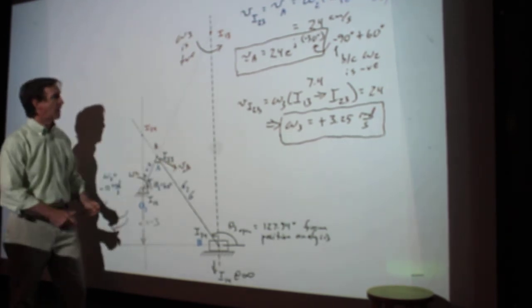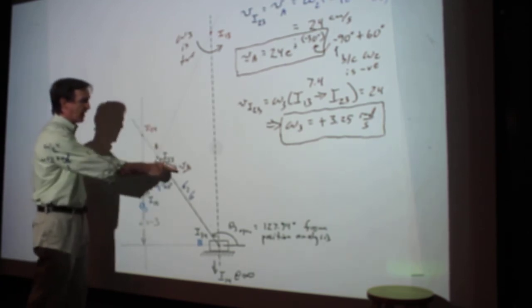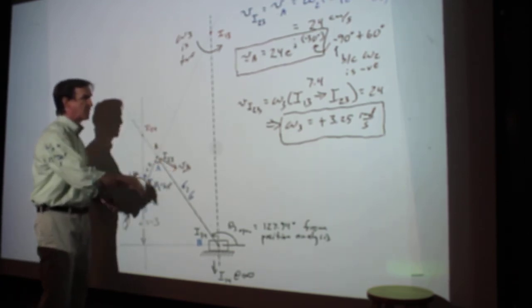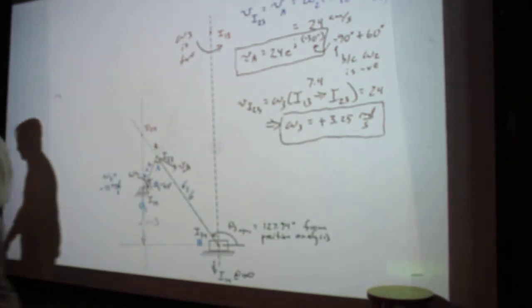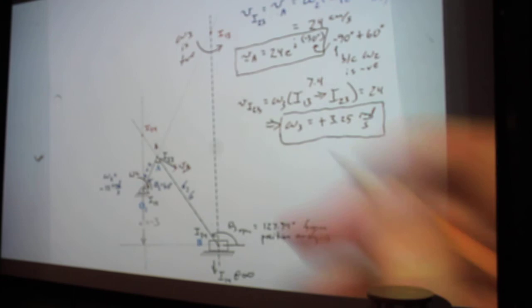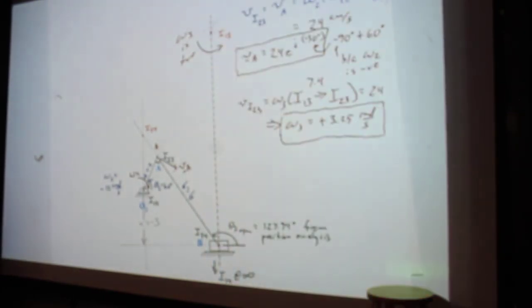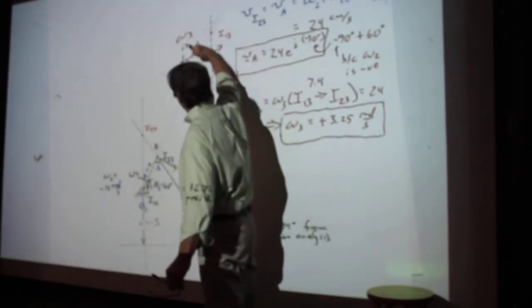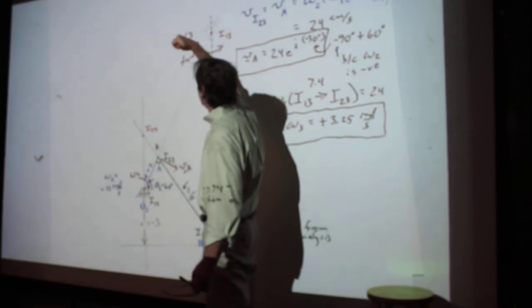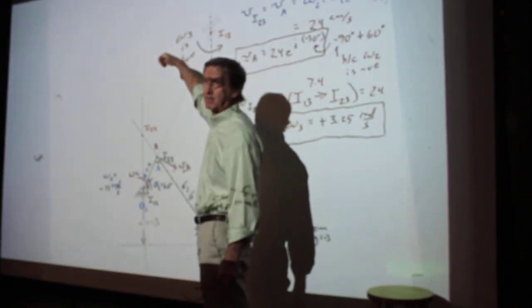In order for omega-3 to drive this point in the same direction, my value has to be positive because it has a 1 in the subscript. This is a temporary graph, an instant graph. So if I lock it here and drive this thing here, my omega-3 is pointing out of the plane. Okay?